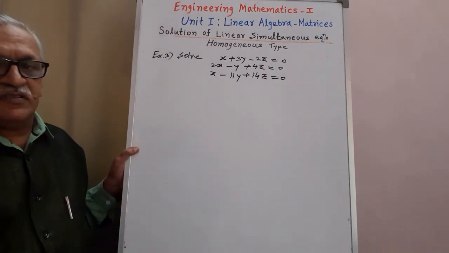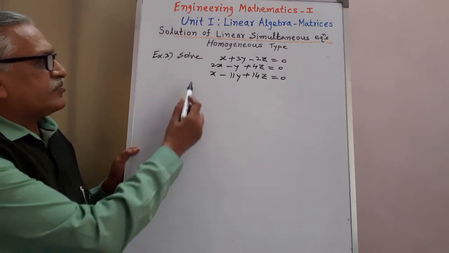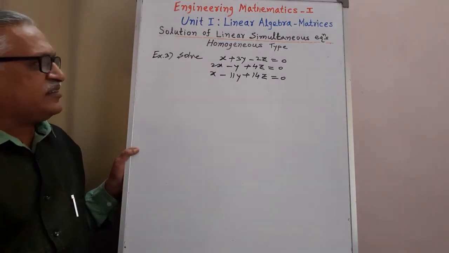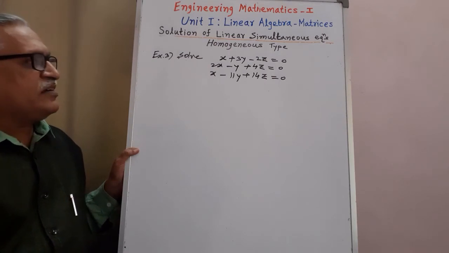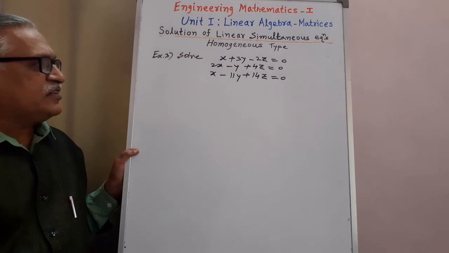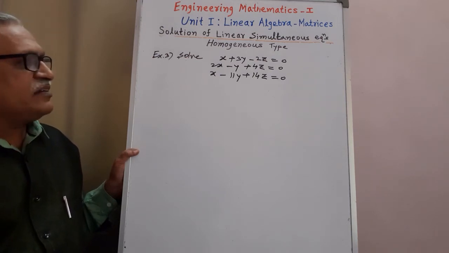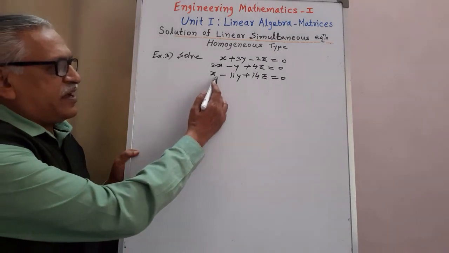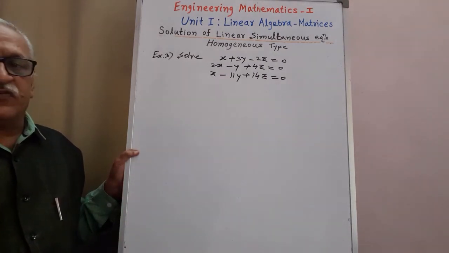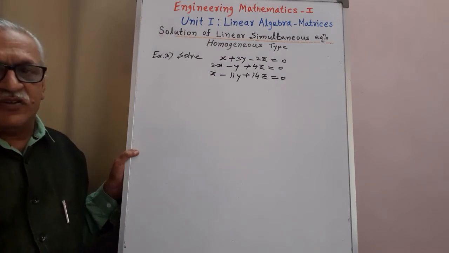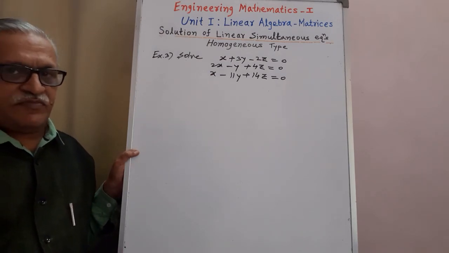Example number 3. Solve the system of equations: x plus 3y minus 2z equals 0 is the first equation. The second equation is 2x minus y plus 4z equals 0. The third equation is x minus 11y plus 14z equals 0. 3 equations in 3 unknowns x, y, z.